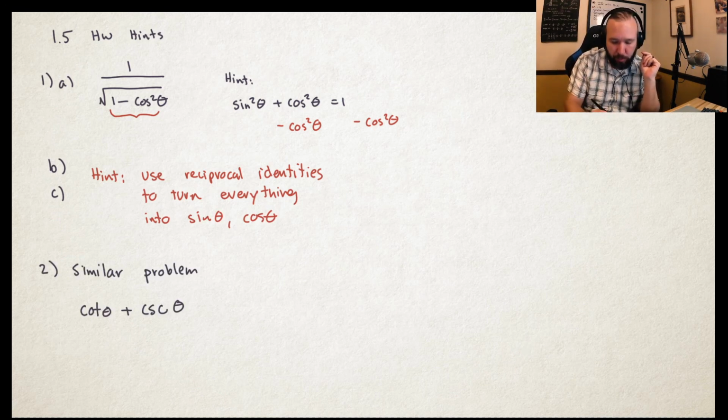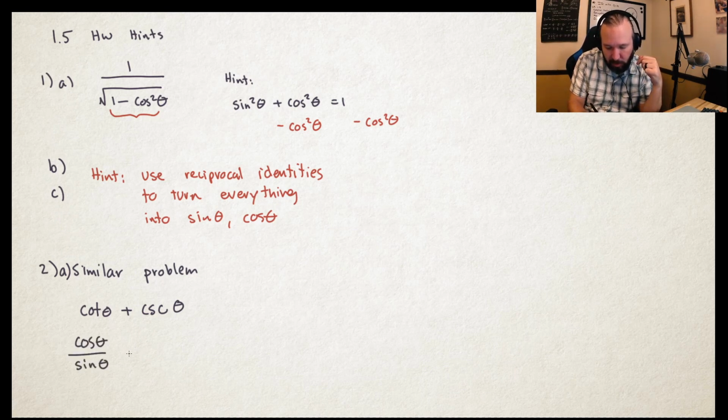Okay, I'm going to do a problem that's similar to 2a. I just changed everything into its co-version. So here I'm going to just try to simplify cotangent plus cosecant. The way I'm going to do that is cotangent is cosine over sine.